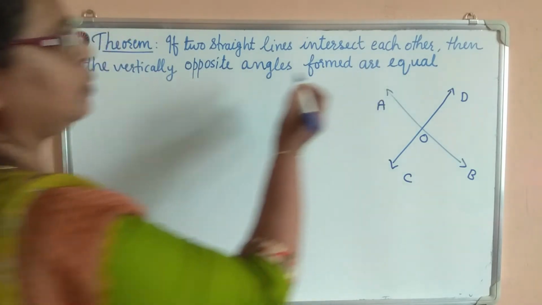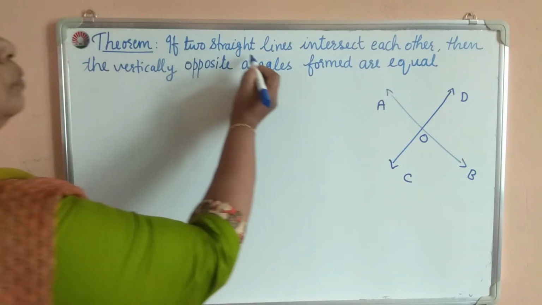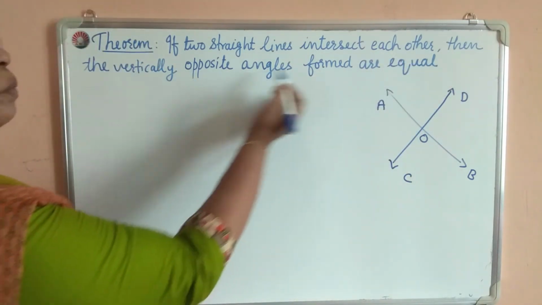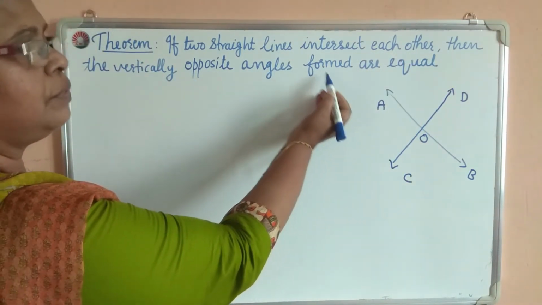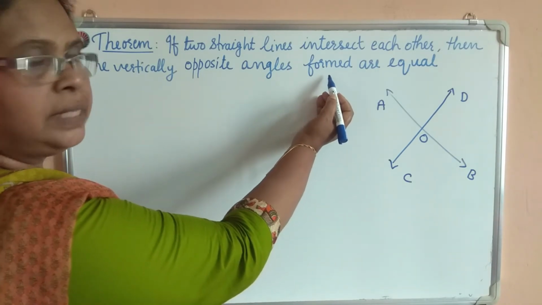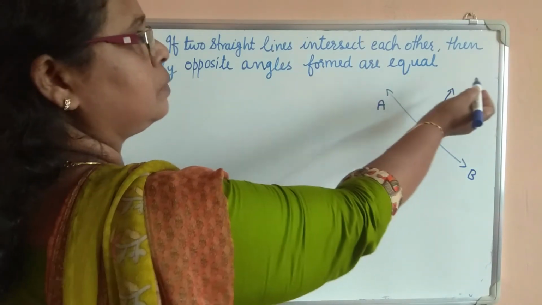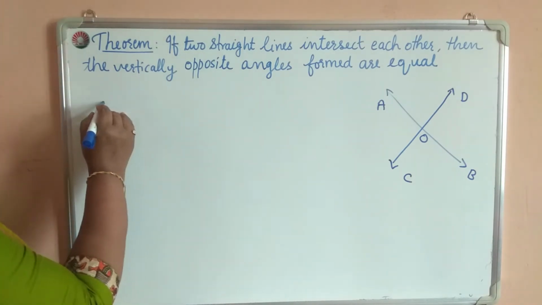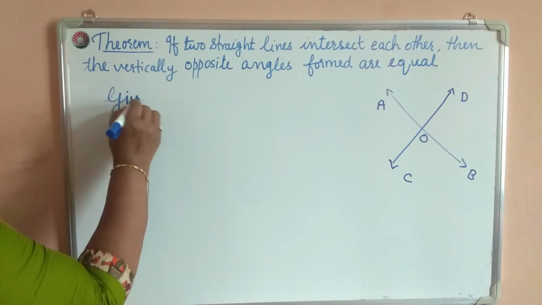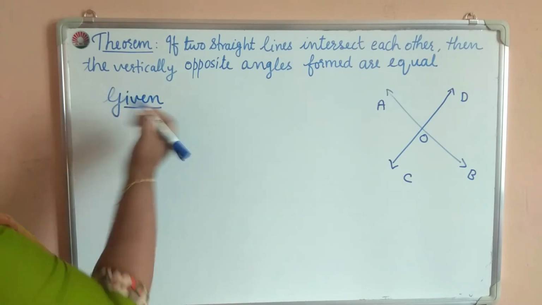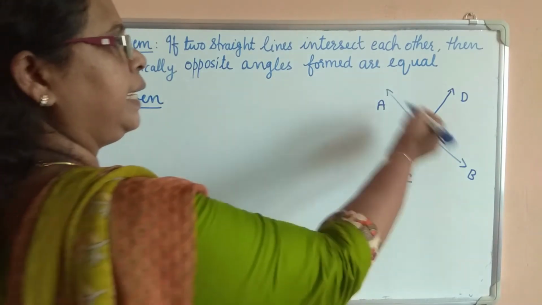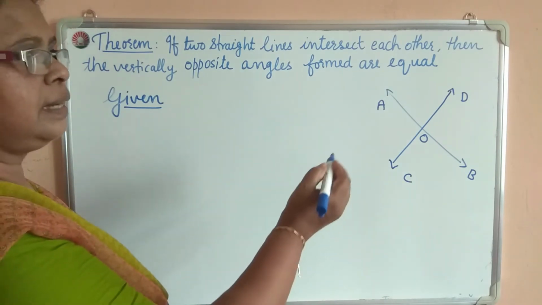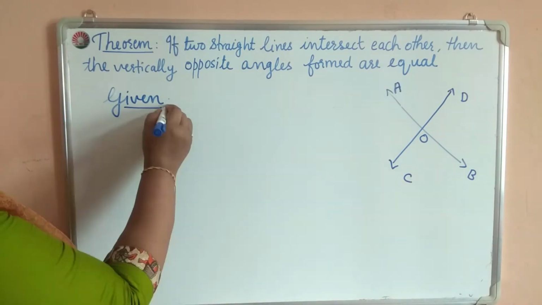Look at the statement: if two straight lines intersect each other, then the vertically opposite angles formed, up to this it is given, and are equal, it is to prove. So under the title given, what is given? AB and CD are two intersecting lines intersecting at the point O.